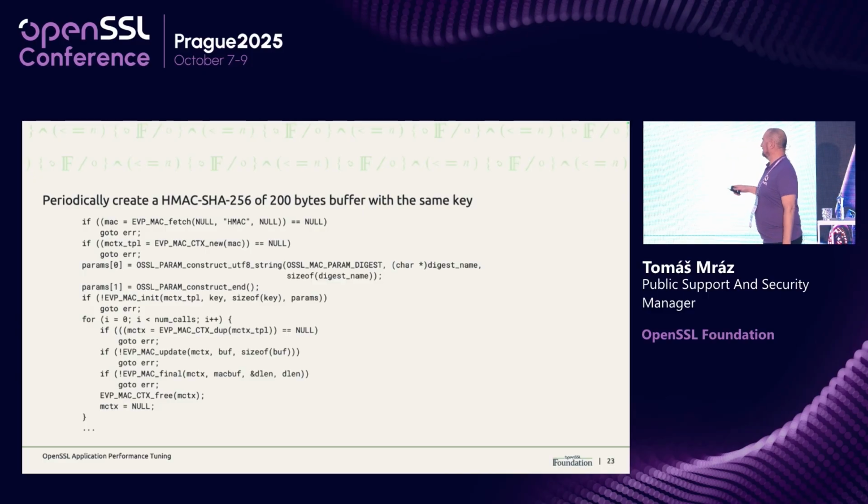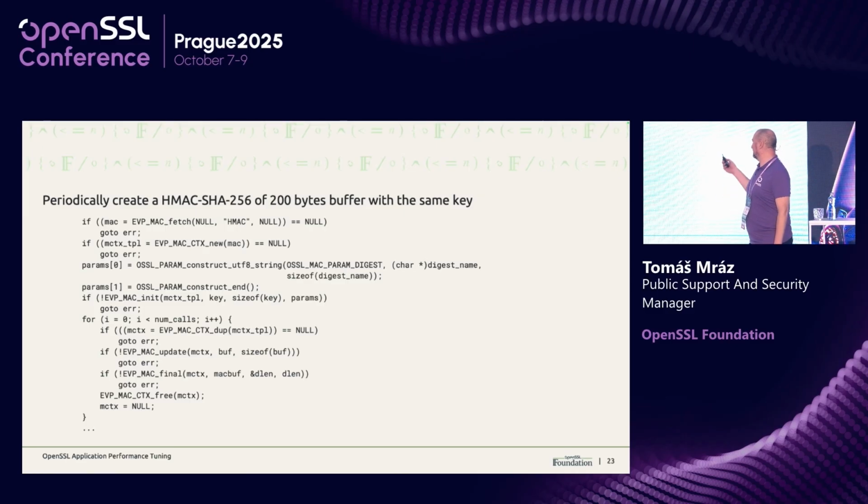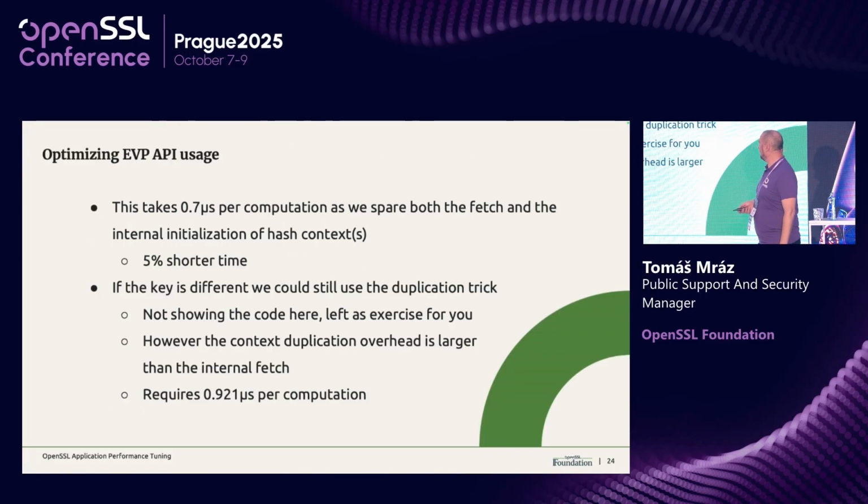And then we duplicate it inside the periodic computation. So it's not really initialized, fetched, and initialized again and again. Of course, there is some limitation to this because the key is always the same, which in some constructs can be an issue. This takes 0.7 microseconds, and that's 5% shorter time. That's not that big an improvement.